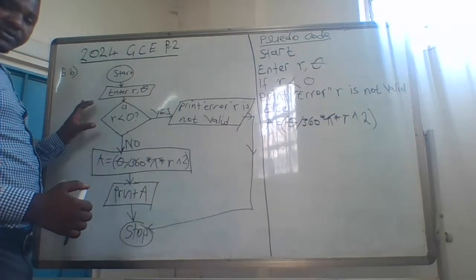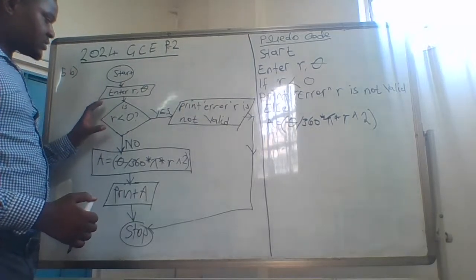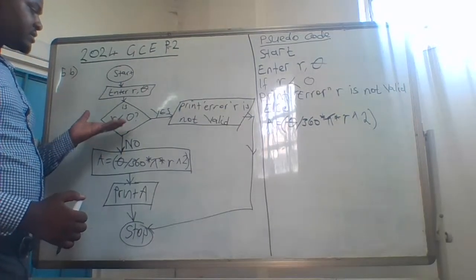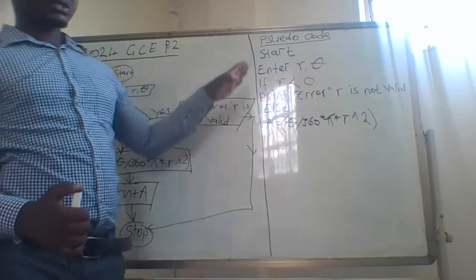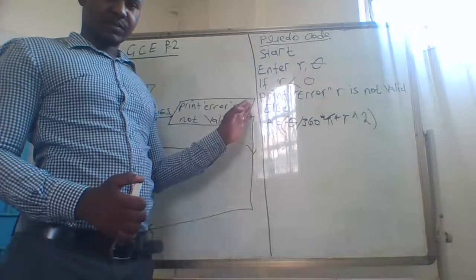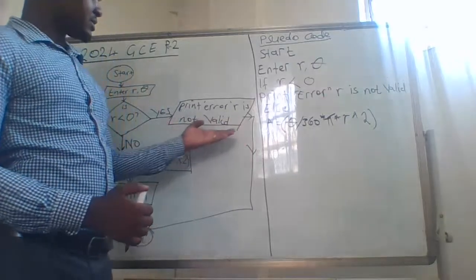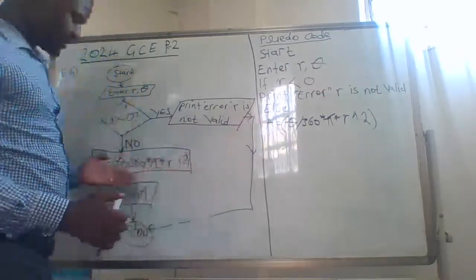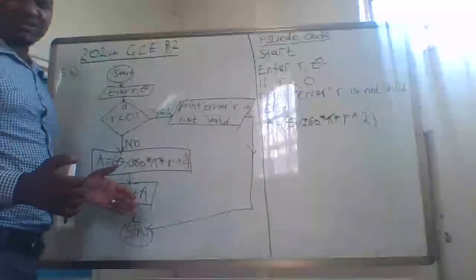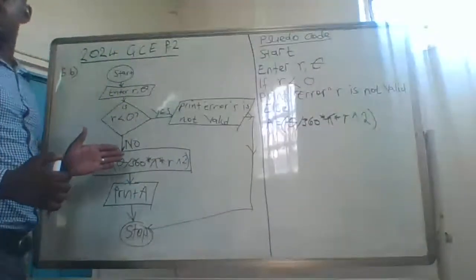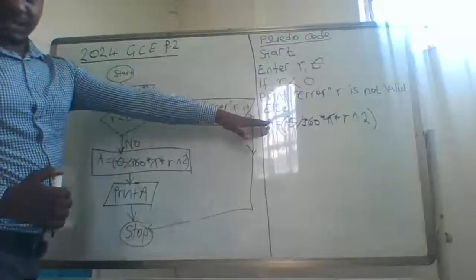But what matters the most, I emphasize, is the decision symbol, because on the decision symbol on the flowchart, it says is R less than 0. But on the pseudocode, it should be an if function. Then you print error message on the yes part. Else, you go on the part where it says no. You write the formula that you have been provided with, though it's not always a formula, but whatever you have been provided with on the part where it says no, that is what you write after the else part.